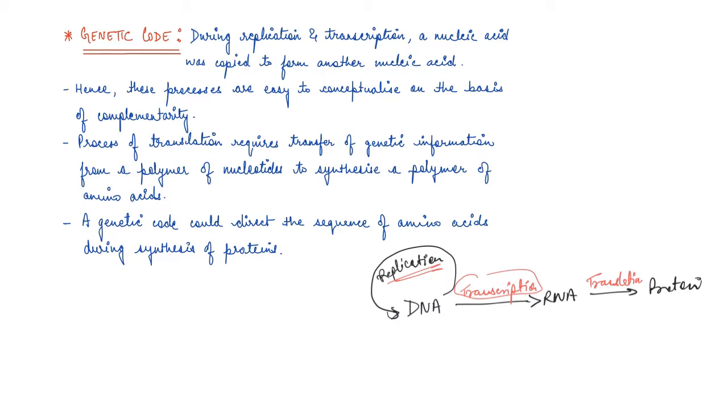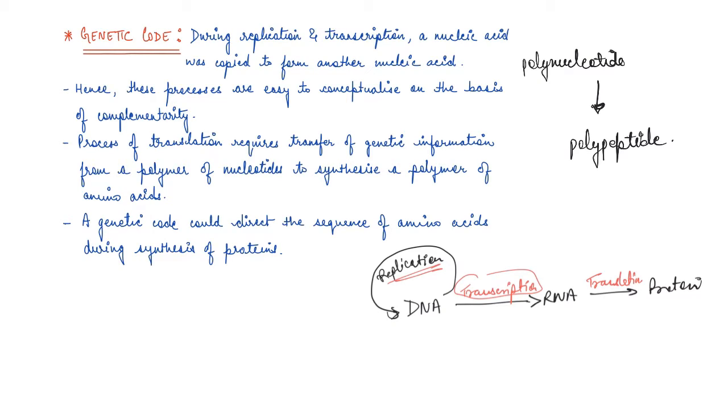So here it is complementary, right? But in the process of translation, you are transferring genetic information from a polynucleotide sequence to synthesize a polymer of amino acids. So basically you are transferring genetic information from a polynucleotide to a polypeptide.